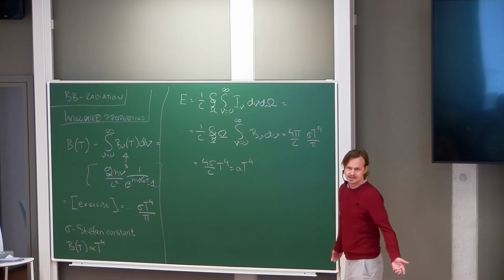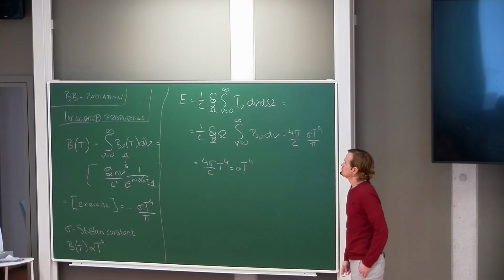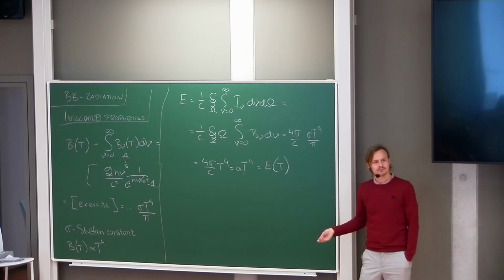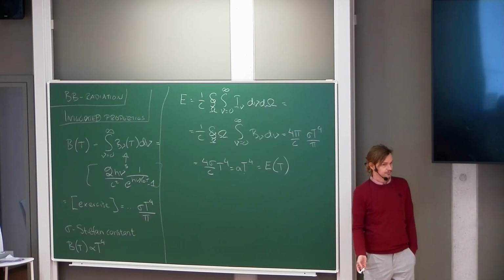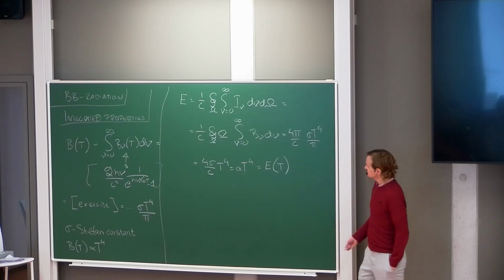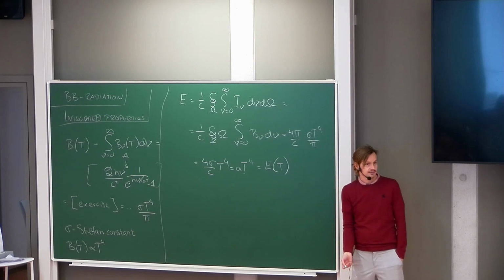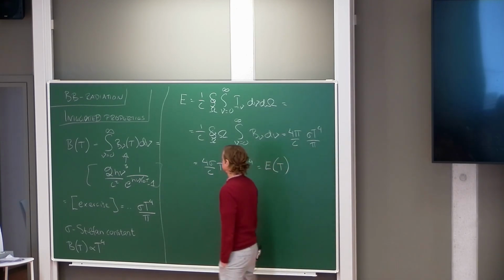Anyway, that's how it is. That is the radiation constant, and this is then the energy density for a given temperature T of blackbody radiation. You can see, interestingly, it depends on temperature, but not on the material density, for example.